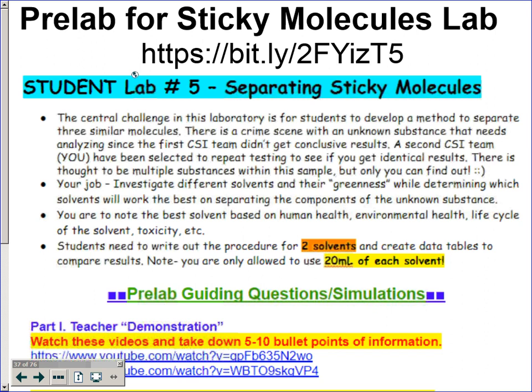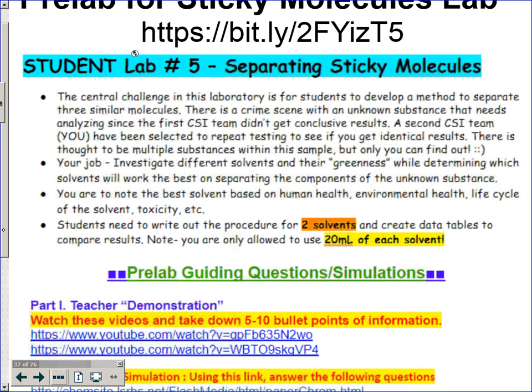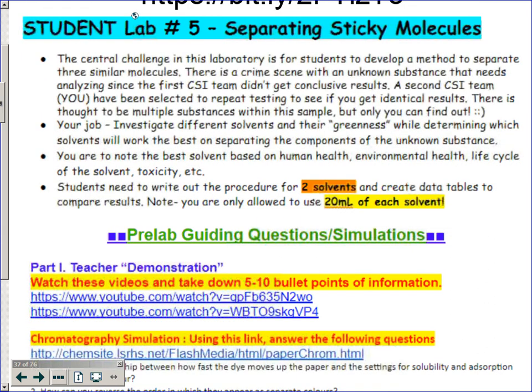In your laboratory CSI investigation, you have to use some solvents, and there are many choices. I'm going to hand you the lab sheet itself, which has more information. You have many choices, but you are only going to use 2 because you're going to try to be cost efficient. And you are only allowed to use 20 milliliters of those solvents. So those are your limitations for the procedural aspect.